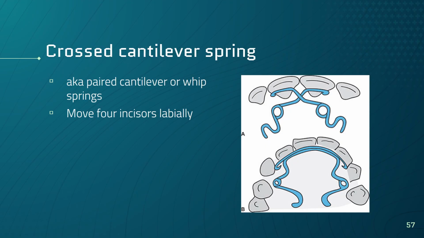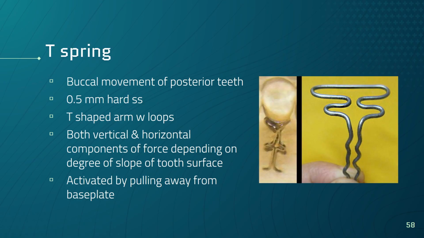Now, cross cantilever spring, also known as pad cantilever springs or whip springs, they are used to move four upper incisors labially. Now, the T spring can be used for buccal movement of posterior teeth. Made from 0.5 millimeter hard stainless steel wire.